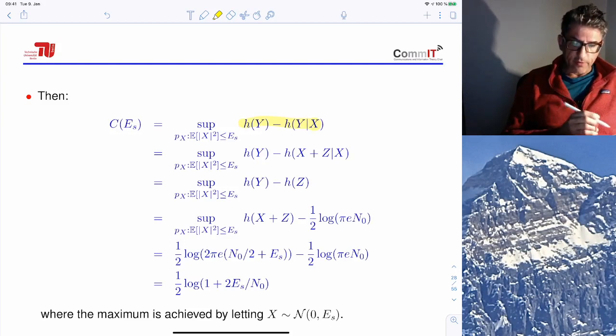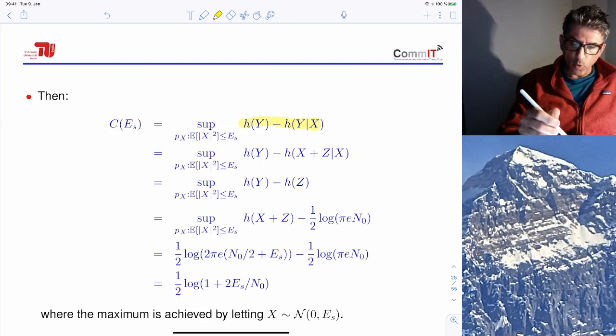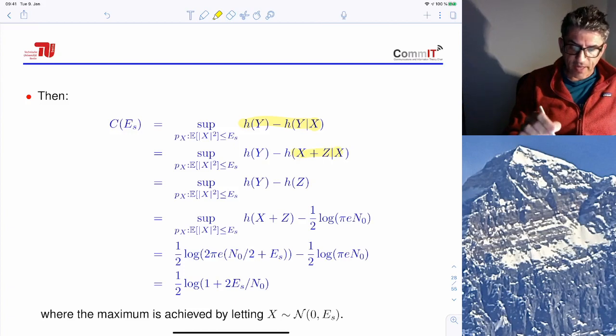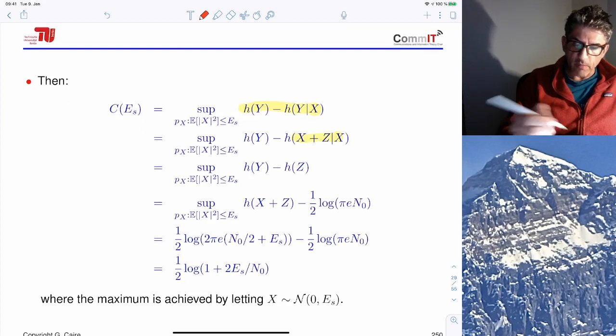the differential entropies. Then we use the fact that the channel is additive, so y is x plus z here, and this is the differential entropy of x plus z given x, and we know that differential entropy is invariant by translation. When we condition with respect to x, then x acts like a constant, so it can be removed.